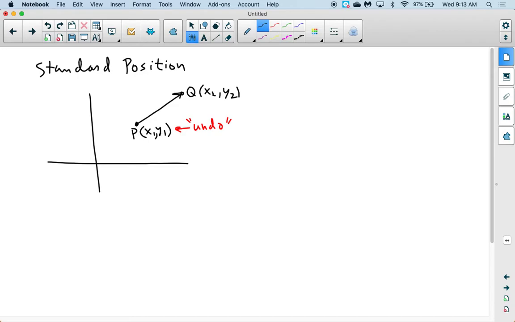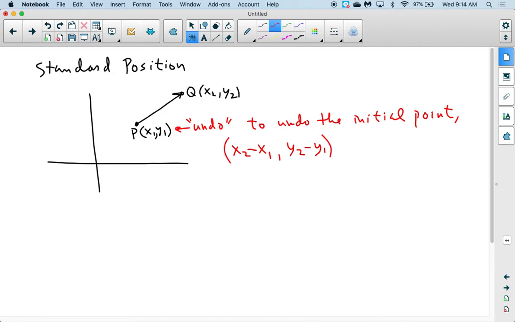So, to undo the initial point, we can do the following: x2 minus x1, comma, y2 minus y1. When I do this, it results in the following vector.